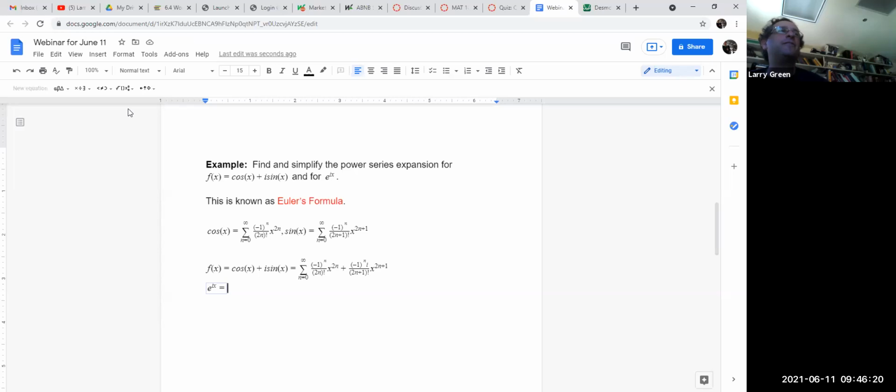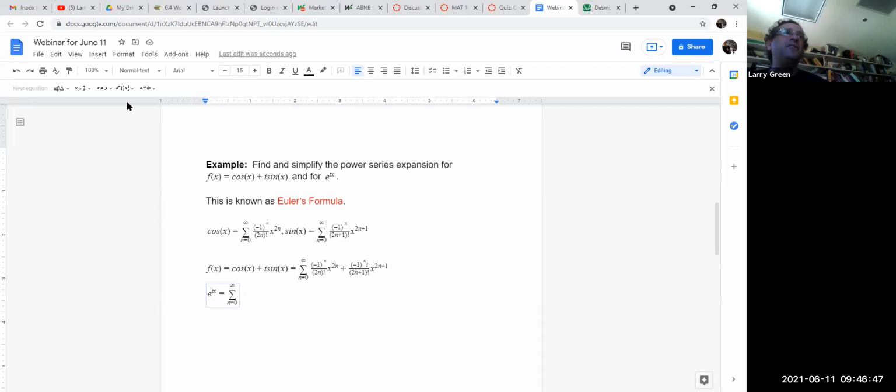What is the power series for e to the x? Yeah, it's x to the n over n factorial. But we're actually looking at e to the ix.